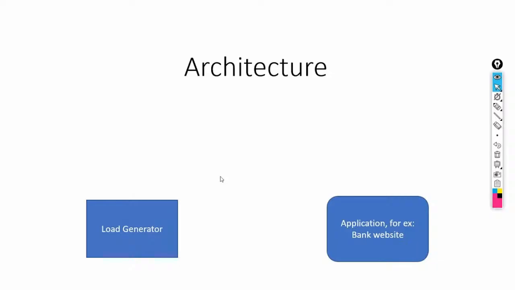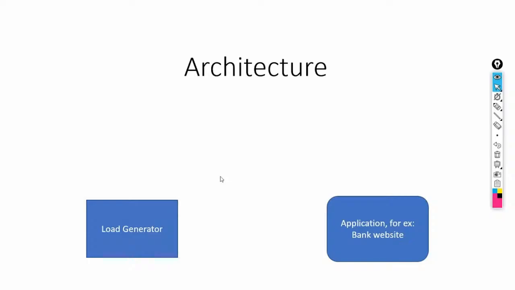The role of this load generator is to simulate virtual users for us, and these virtual users will mimic human actions or behavior, like clicking a link, selecting some value, and all that stuff. The load generator is again a machine, a highly configured machine.